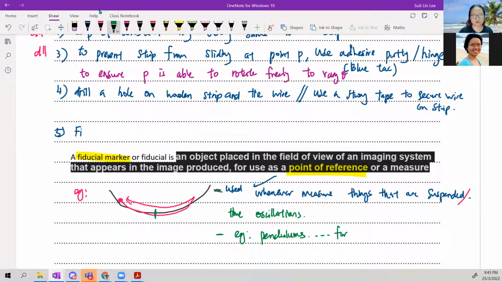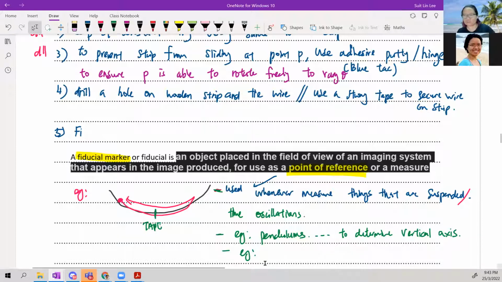You can use this to determine the vertical axis. For the oscillation one, I can probably use tape. It can be anything, it can be a tape. Anything that doesn't disturb the movement of the ball will work.